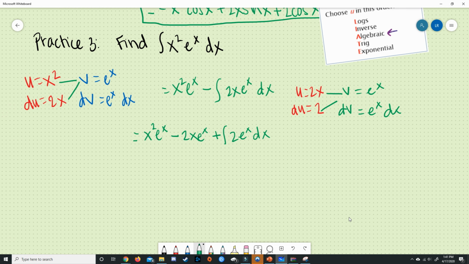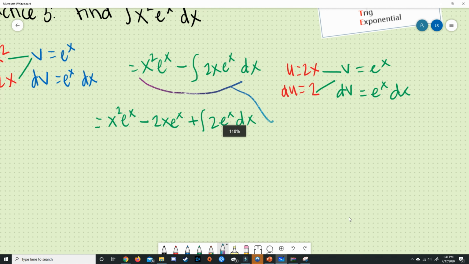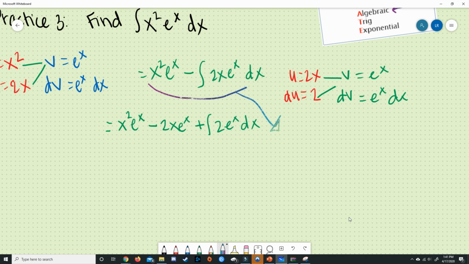If that was hard for you to follow those signs, this is what just happened. It was x squared e to the x minus the integral of 2x e to the x dx, meaning that was x squared e to the x minus 2x e to the x minus the integral of 2 e to the x dx.